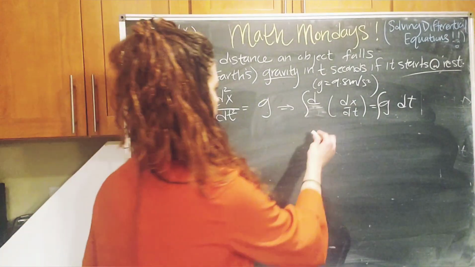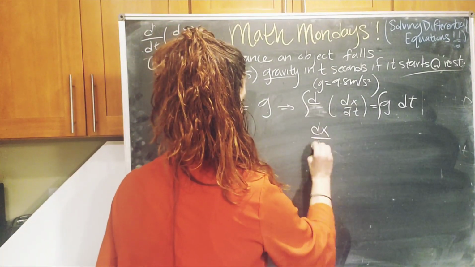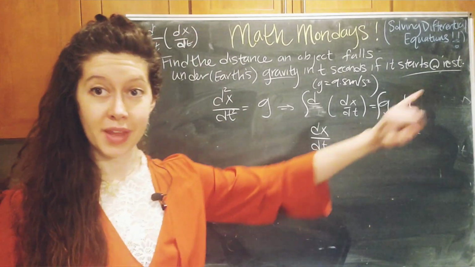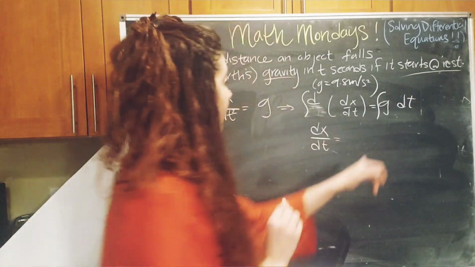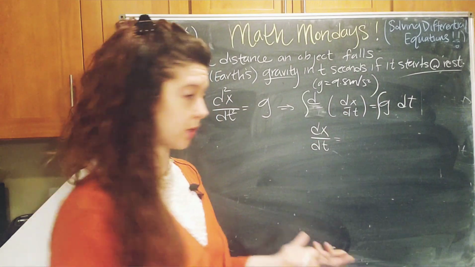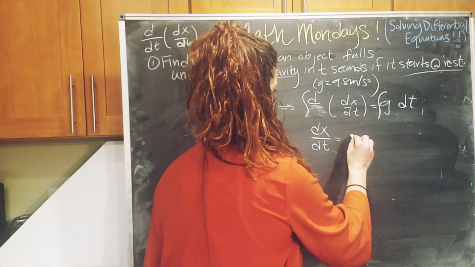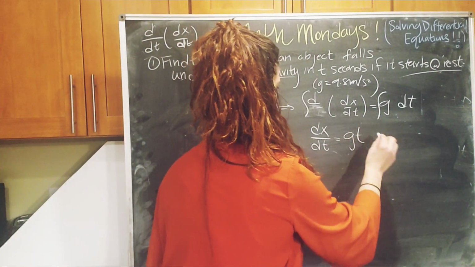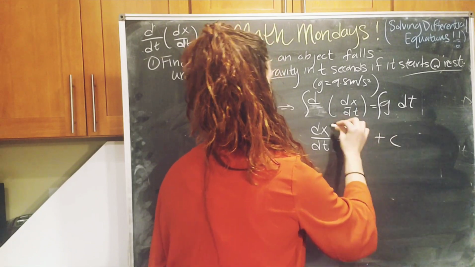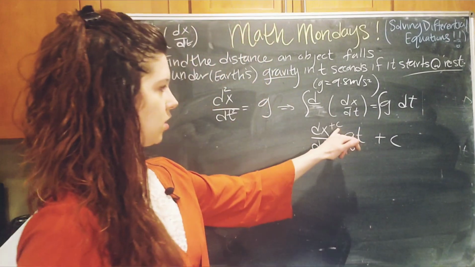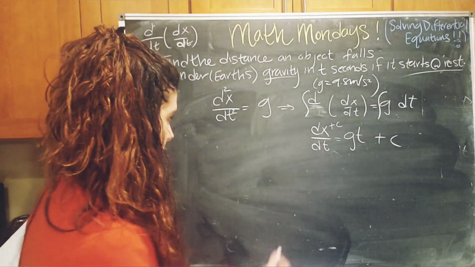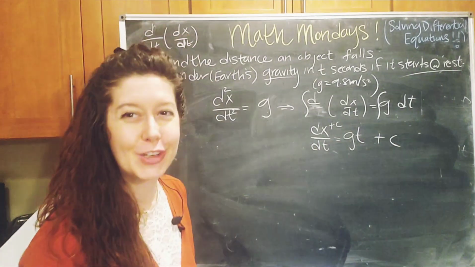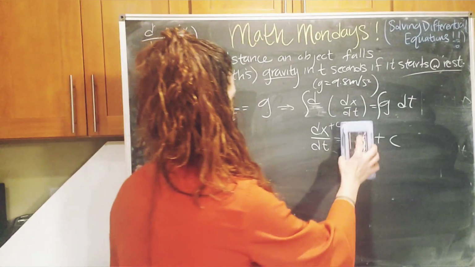And so what you end up with is just dx/dt on this left side. And on the right side, we do the integral of a constant with respect to t, which just gives us gt, and then plus c. I should also say that there is really a constant over here too, but because it's a constant, we're going to shove it into the constant on the right side.